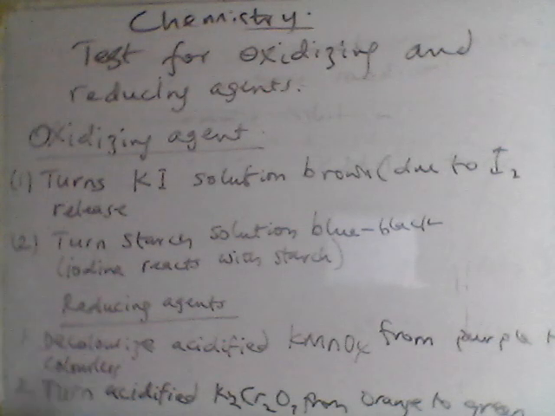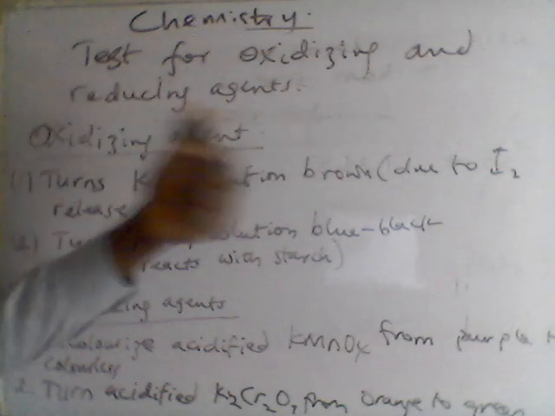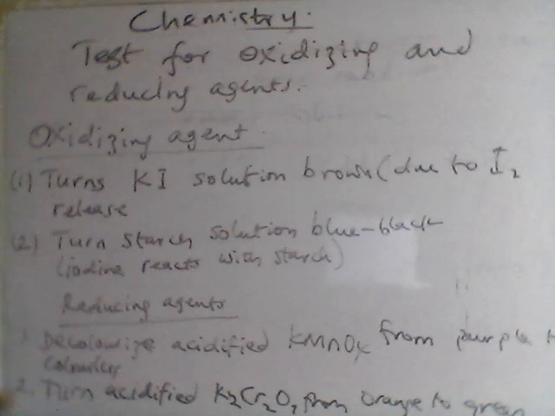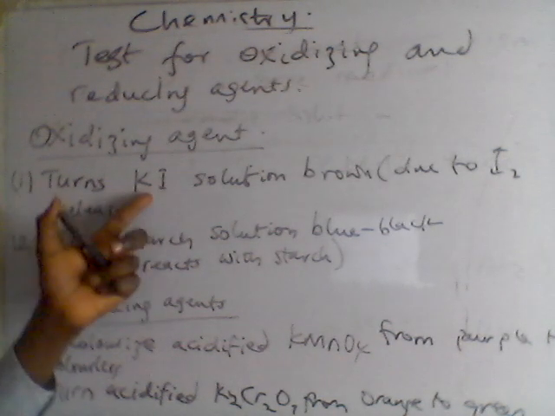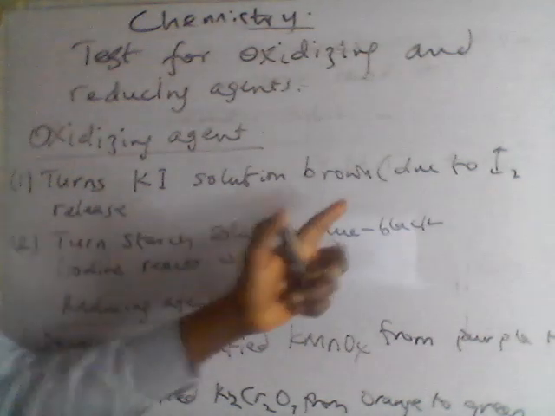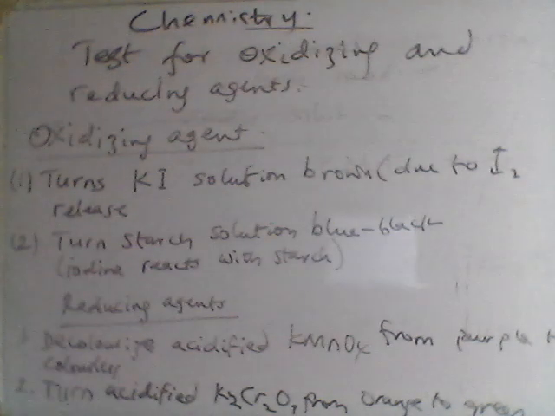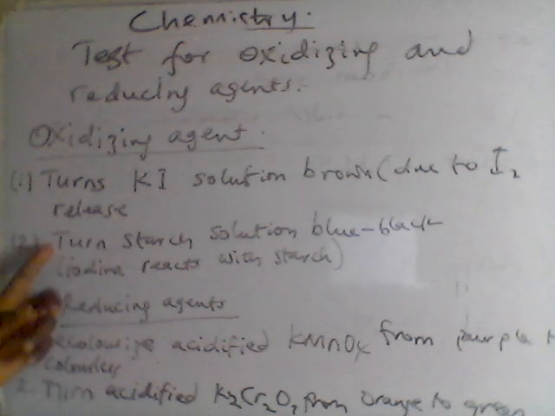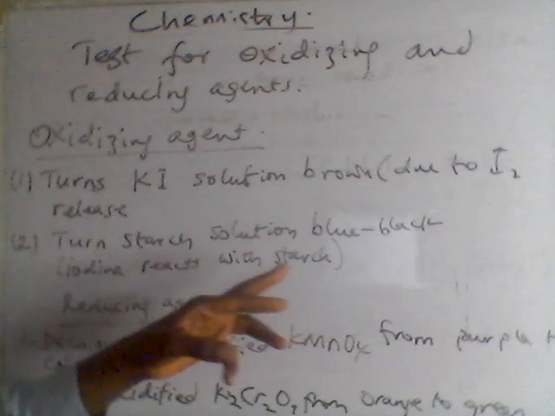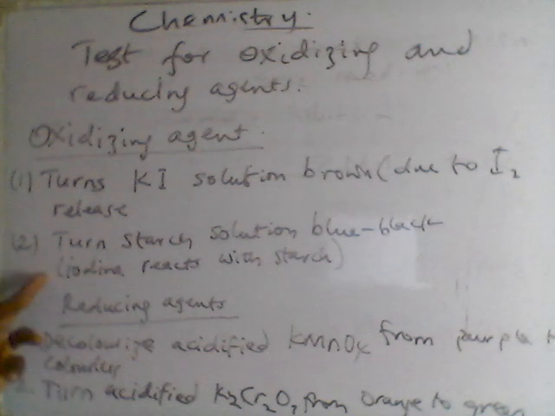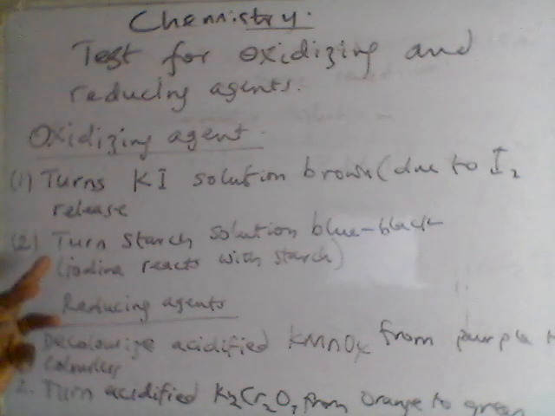Okay, so finally we come to tests for oxidizing and reducing agents. So the first one here is that it turns potassium iodide solution from brown to blue due to the liberation of iodine. Understand? Number 2, it turns starch solution blue black because of the iodine starch complex.